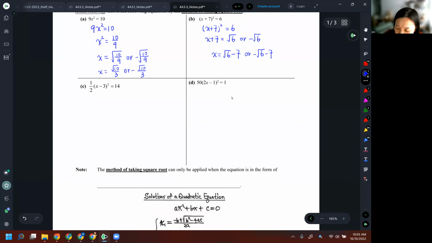Next, you copy the equation. And then you put a perfect square on the left, you put 28 on the right hand side, and then you take square roots.